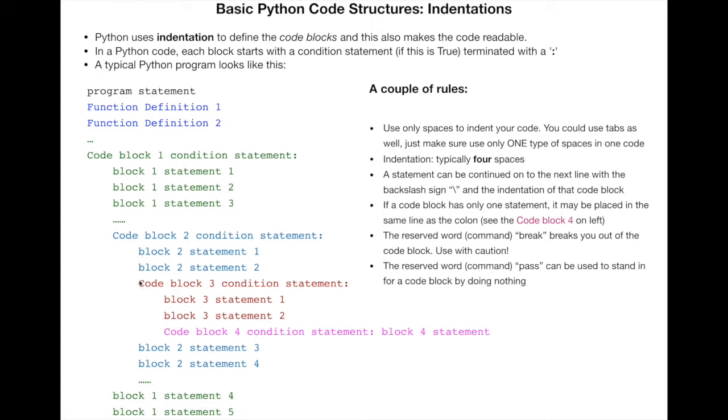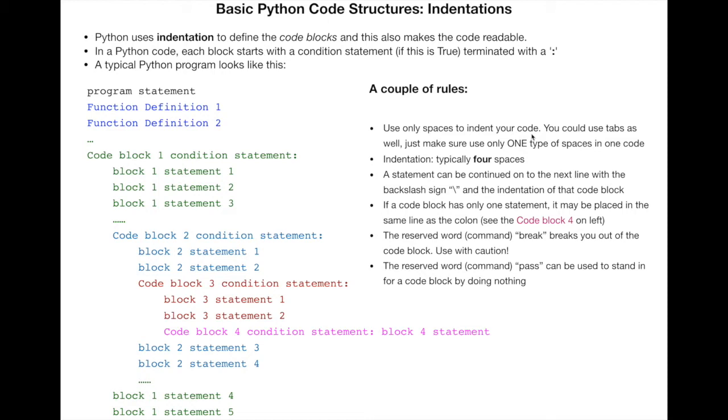All right, so a couple of rules of Python code structure: only use spaces to indent your code. You can use tabs, but tabs are tricky because sometimes tabs have different definitions on different computer systems.